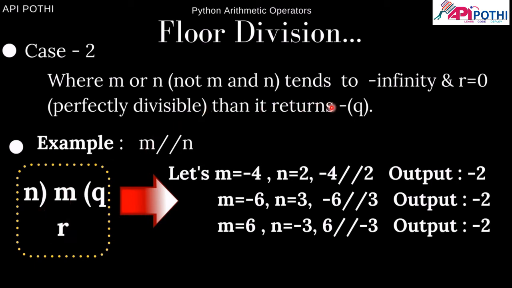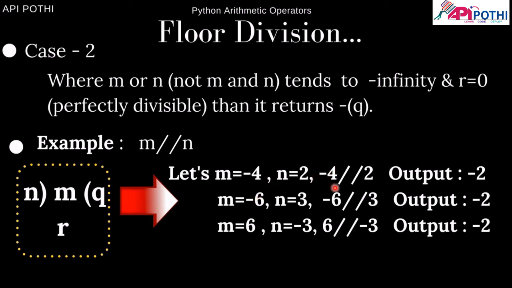Then it has to return the floor division as minus q. For example, our m value is minus 4, n equal to 2. At least one value is negative, either m or n, not and. Very clearly mentioned, not m and n. So either any of them.